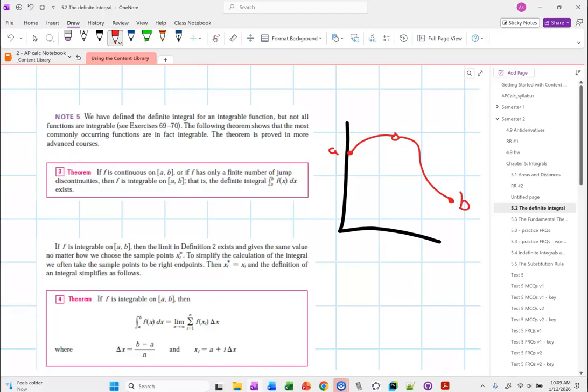Can I still find the area under this curve, even though there's a discontinuity in it? Yes. Does that discontinuity even matter to me? No, because how much area is being occupied by that discontinuity? 0. Very good. So what theorem 3 here says is that one discontinuity, no problem.